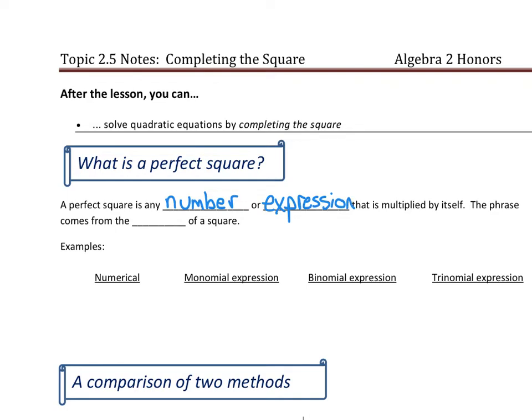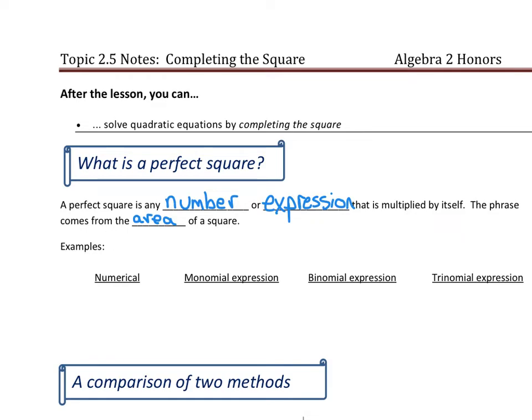That's a perfect square. And that phrase square comes from the area of a square. If we had a square and we multiplied the side times the side, because all 4 sides are equal or congruent, then we would have the area equal side squared. And so that's where that phrase comes from.